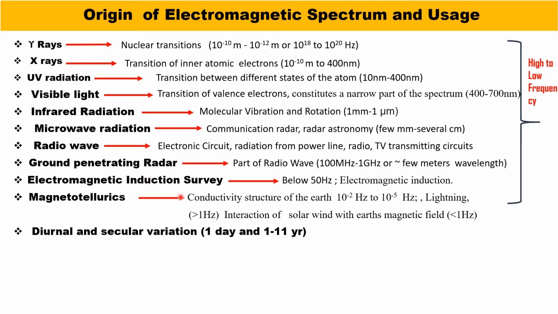Now when we use a frequency range below 50 Hz, we can do an electromagnetic induction survey to probe the conductivity structure of the earth, along with magnetotellurics, which is done to probe deeper structure where a small frequency is used. The source of the frequency is from lightning, that means greater than 1 Hz, and the interaction of the solar wind with the earth's magnetic field.